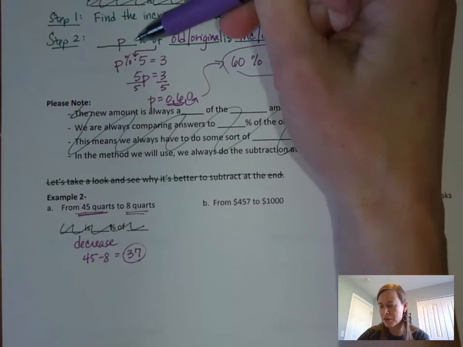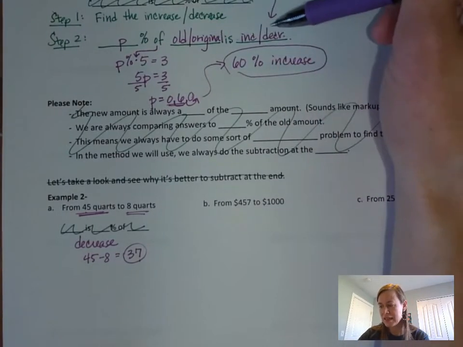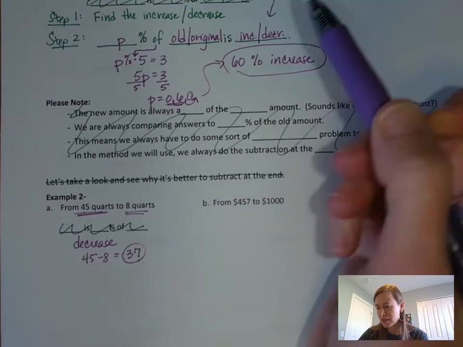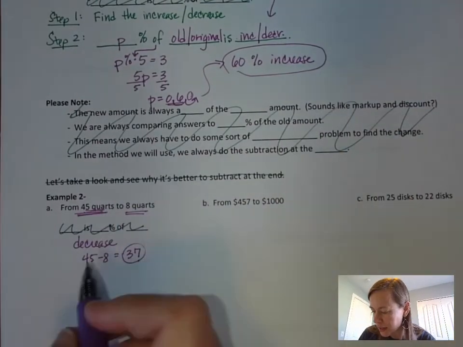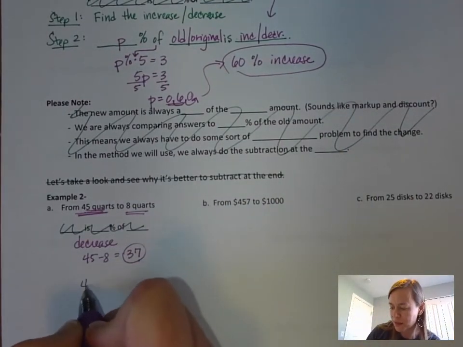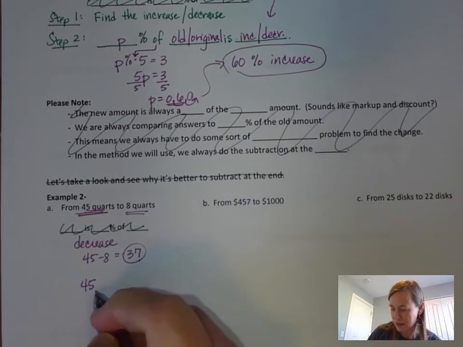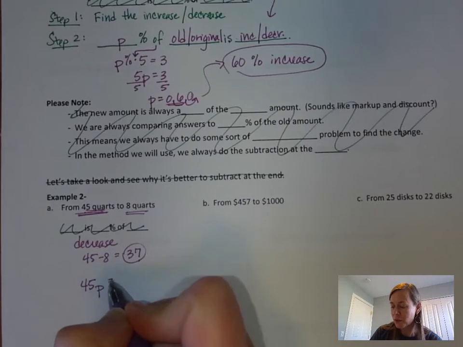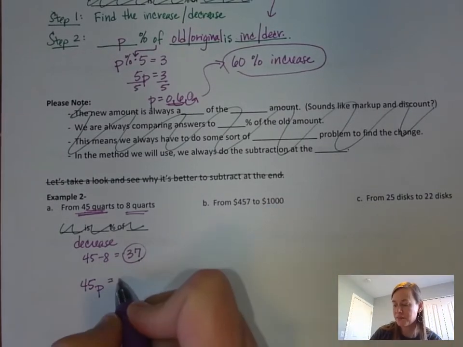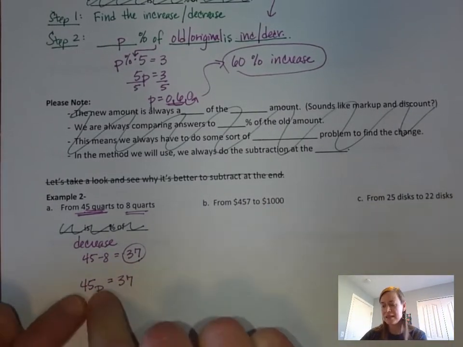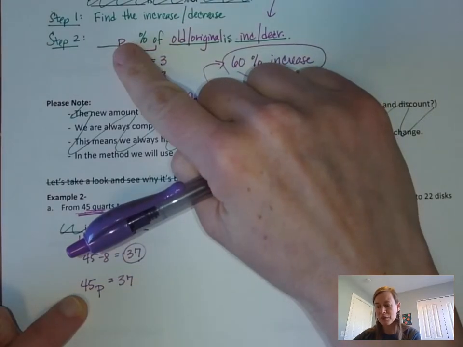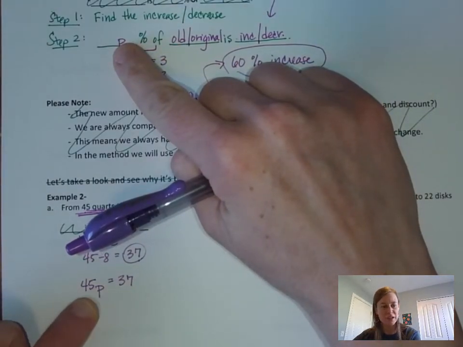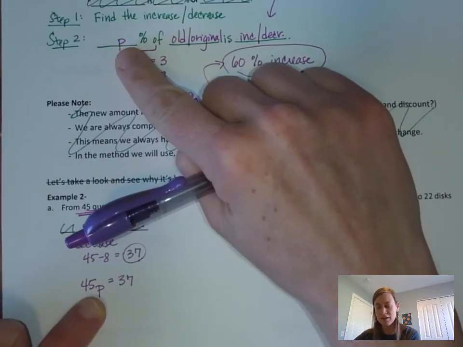So remember, P% of the original price is the increase or the decrease. So let's take that original price and, okay, 45 times the percent. So 45 times P equals the decrease. So what I did is I just took this P%, I changed the order on you here just because this is more standard.